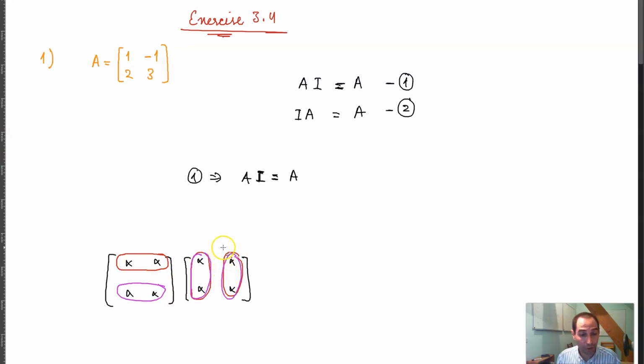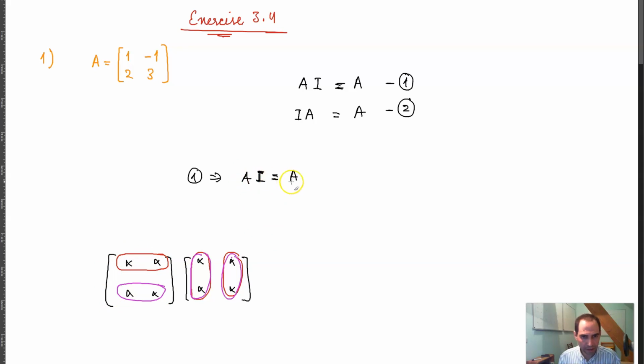So in this kind of operation, the matrix on the right, I pick for column operations, and the matrix on the left, I choose for row operations.